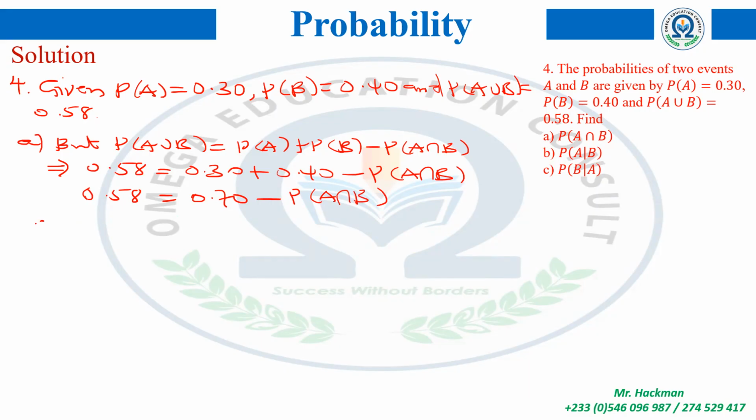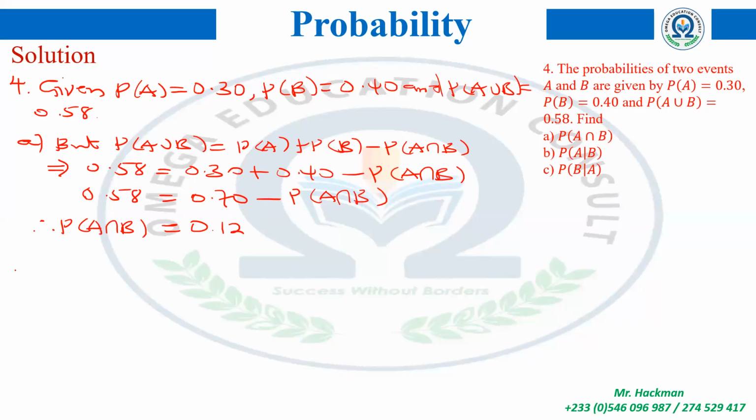So in this case, P of A intersection B will be equal to 0.70 minus 0.58, and that will give us 0.12.